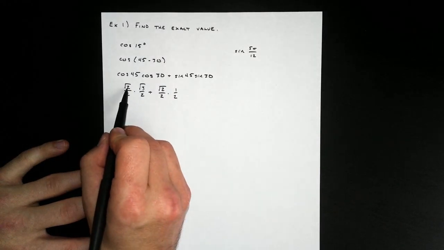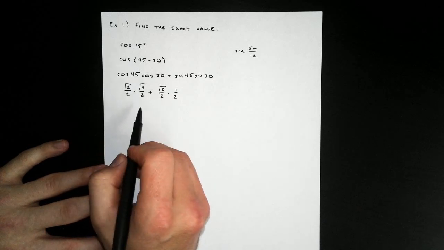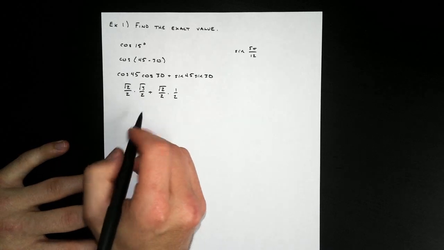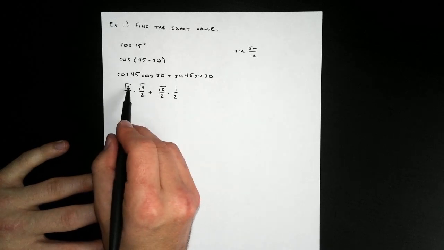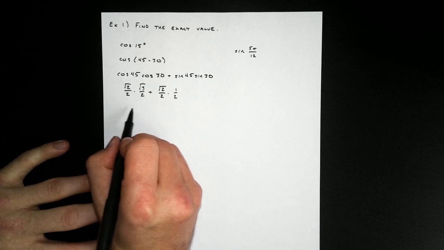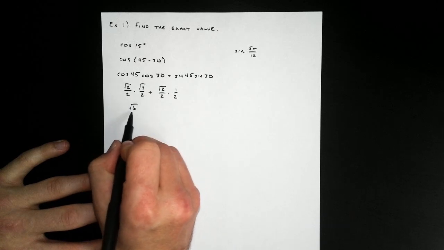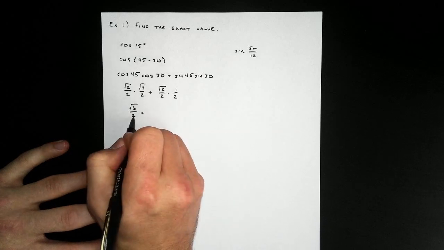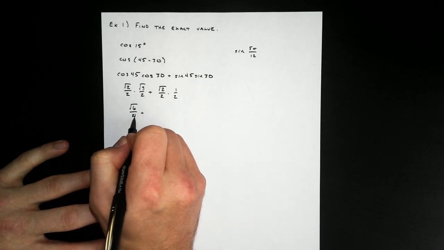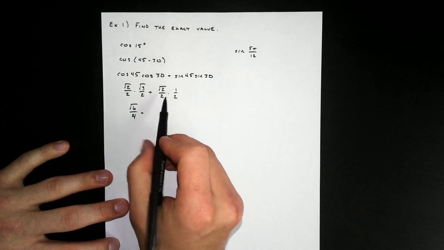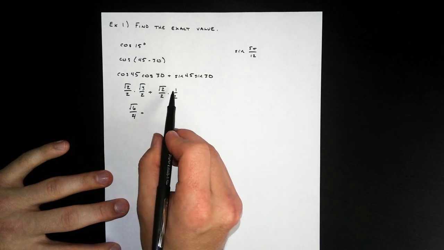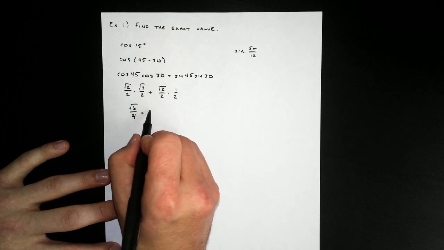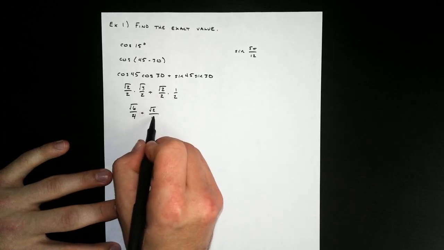All right, so we can multiply our fractions together. When we multiply two radicals, we can multiply their radicands, what's underneath. So the square root of 2 times the square root of 3 is the square root of 6, over 4. Then here we have the square root of 2 times 1, and 2 times 2 in the denominator, so this is the square root of 2 over 4.